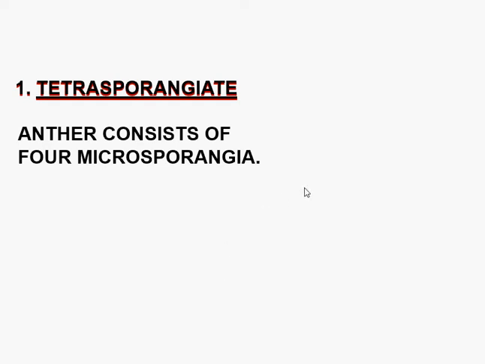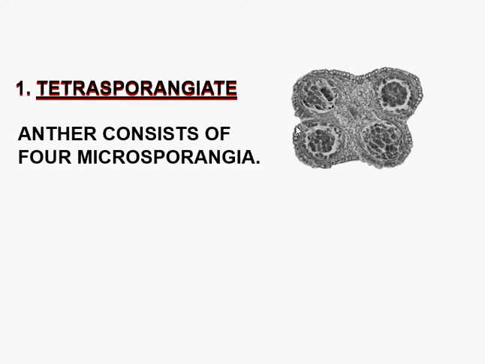So let's see the photograph. This is a photograph of tetrasporangiate anther. Tetrasporangiate anther consists of 2 lobes. This is lobe 1 and this side is lobe 2. Each lobe has 2 chambers, and each chamber consists of a microsporangium.